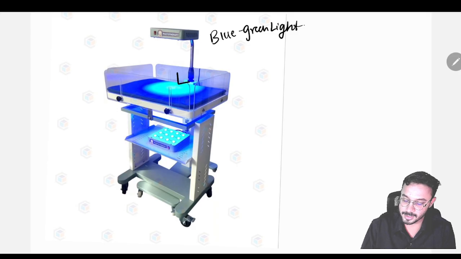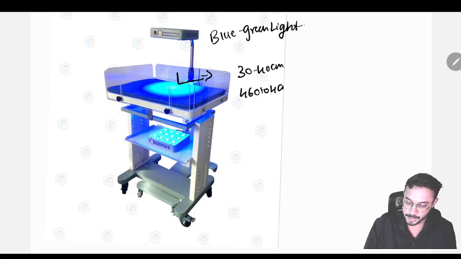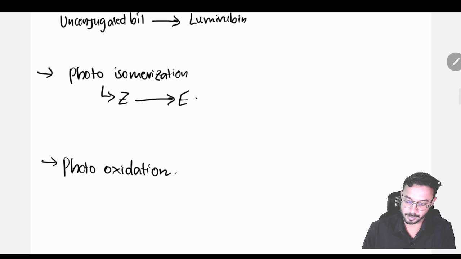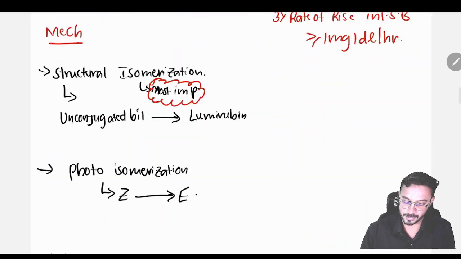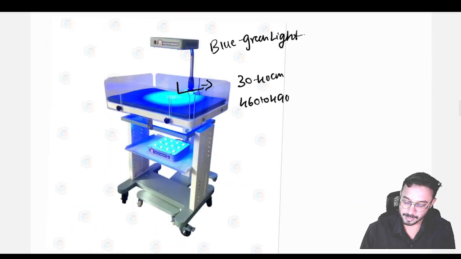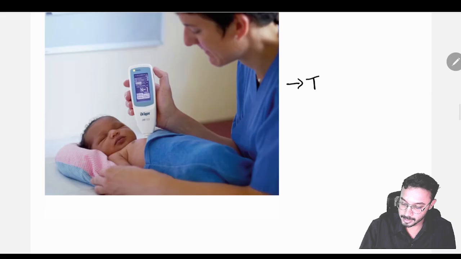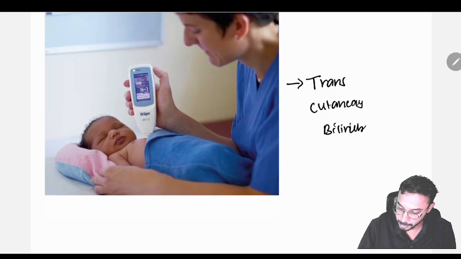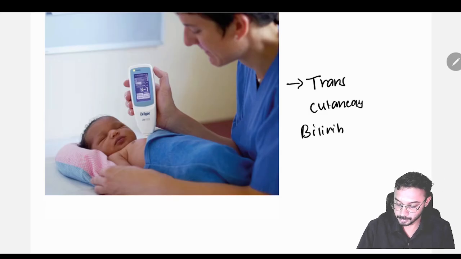The distance, as I taught you, is 30 to 40 cm, and the wavelength is 460 to 490 nanometers, which I have written over here. So can you tell me what this is? This is a transcutaneous bilirubinometer, TCB.